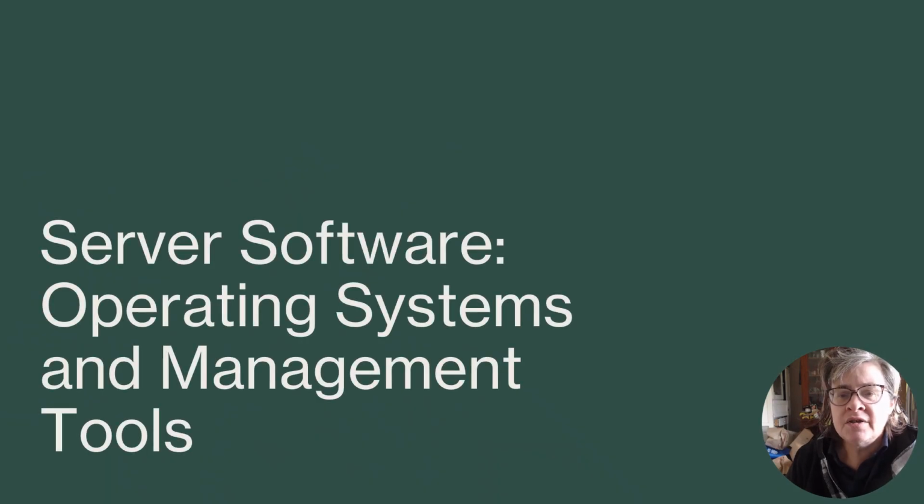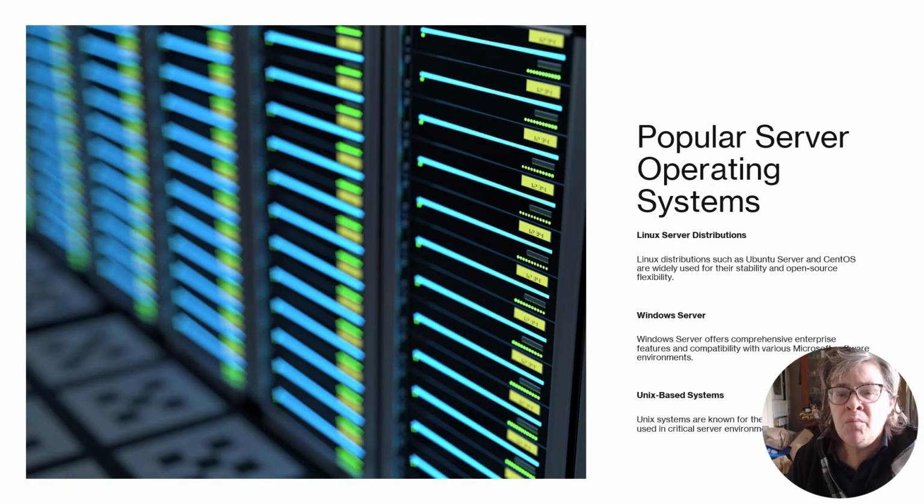The following section discusses popular server operating systems, management and monitoring tools, and secure software essential for server administration. Common server OS systems include Linux distributions like Ubuntu, Kali, CentOS, Windows Server, Unix-based systems, and Apple servers, not really, but they can be used as such, each with unique features for server environments.